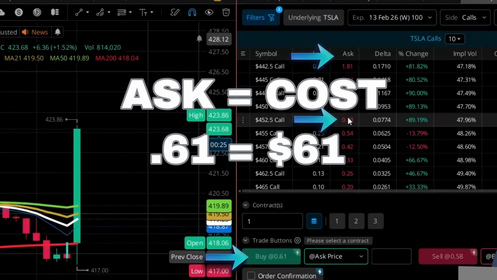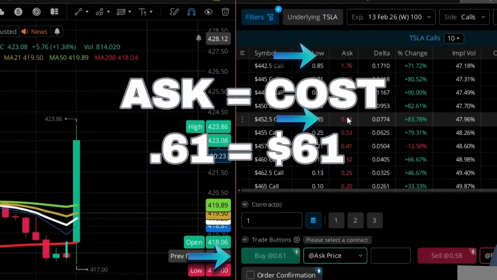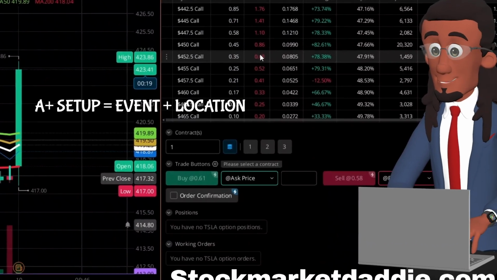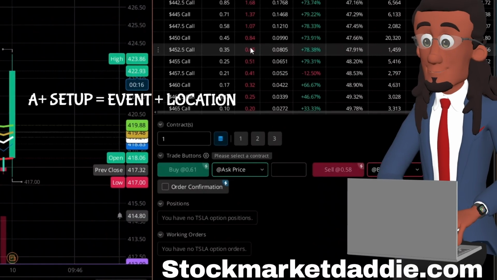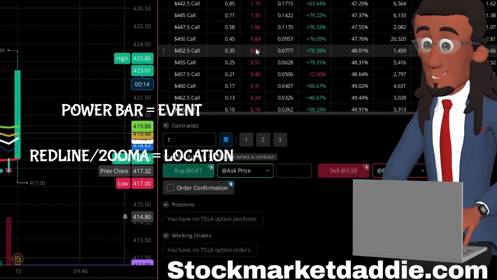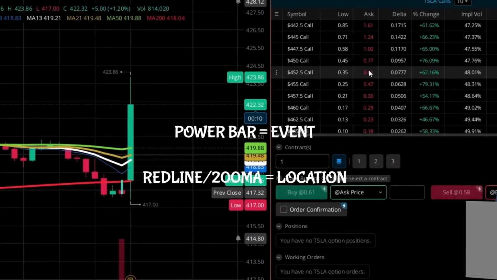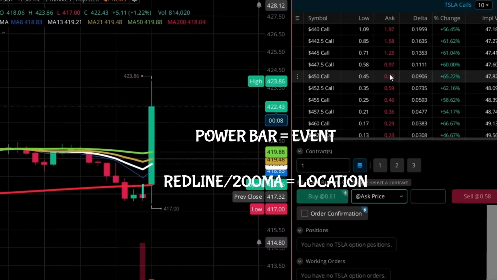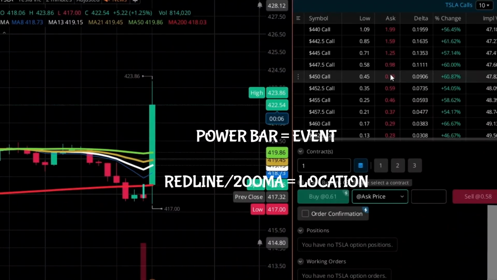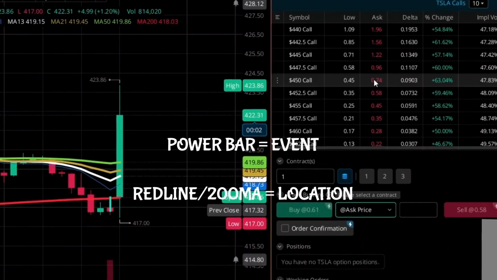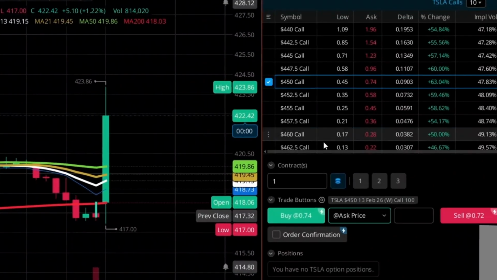So we're potentially looking at entering an options contract for only $61. But we want an A+ setup, which is the event, the power bar, and the location. This red line right here, also known as the 200 period moving average. And we're using a 2-minute time frame, but this A+ setup works on any time frame.